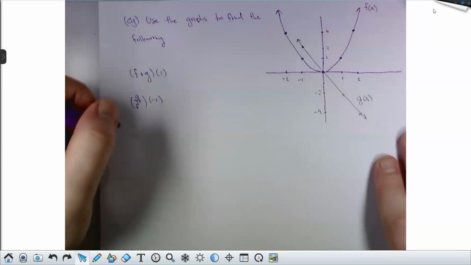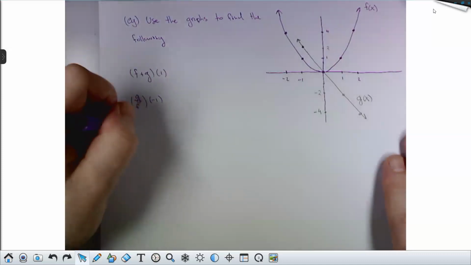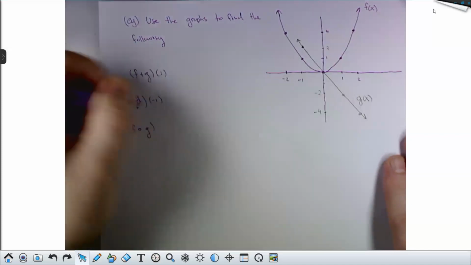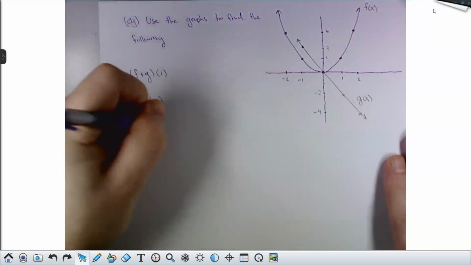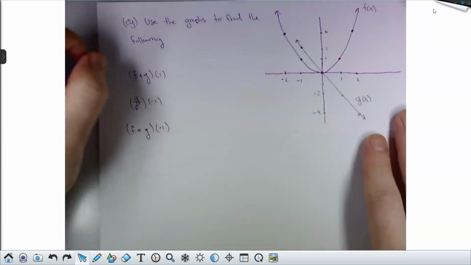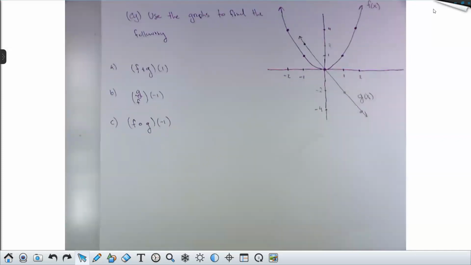And let's say we need something like f of g of -1. Let's start with these. I'll label these A, B, and C, and then we'll come down into the space to the side to figure this out.